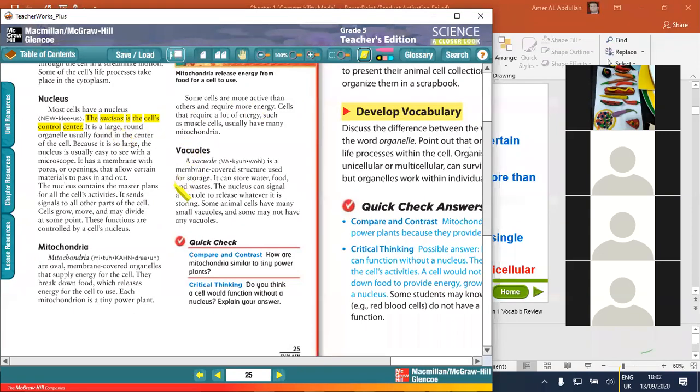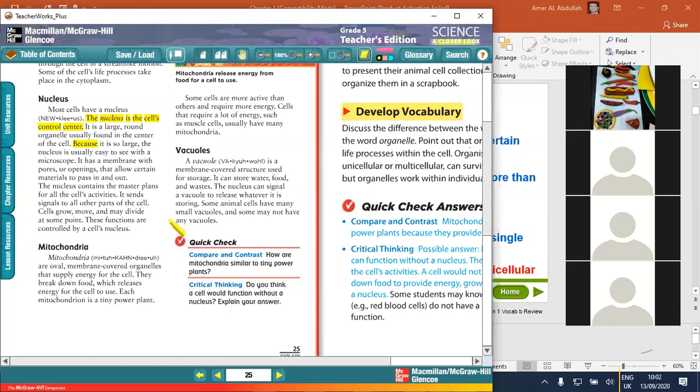Continue. It's a large, round organelle, usually found in the center of the cell. Because it's so large, the nucleus is usually easy to see with a microscope.